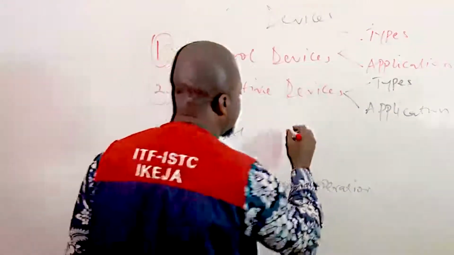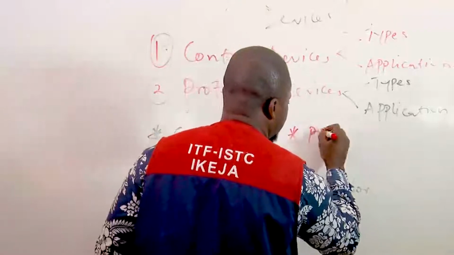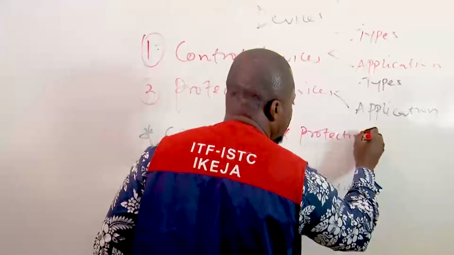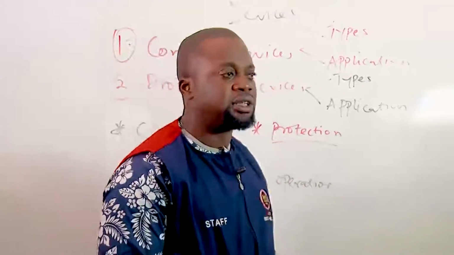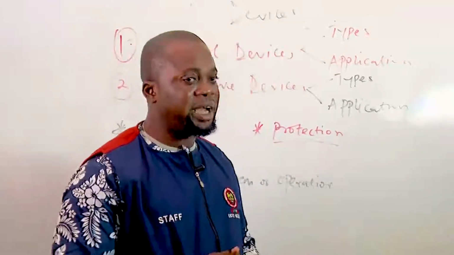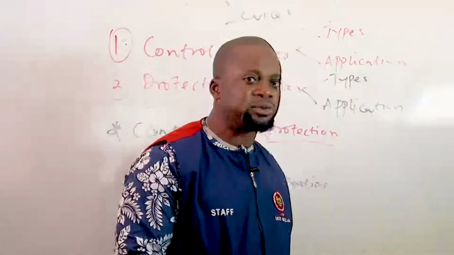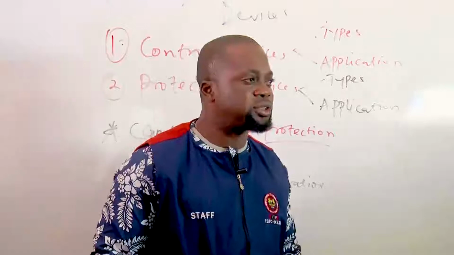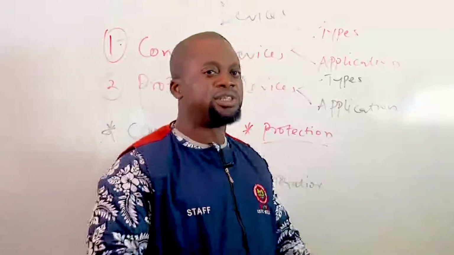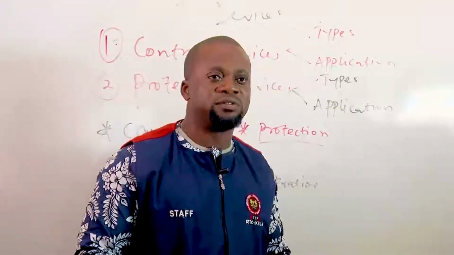Why protective devices? As it is here, protection, as the name implies, is what? Protection. Protection is a device or equipment applied to an electric circuit or power system to determine what? Abnormal and intolerable conditions. That is to say, it initiates appropriate corrective actions.